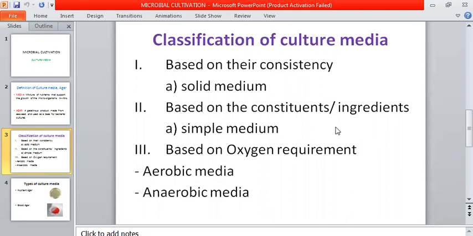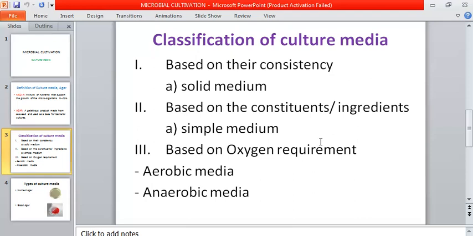So to begin with, in classification based on consistency, they are either solid or liquid. I had already explained that one can have agar and the other does not have agar at all.